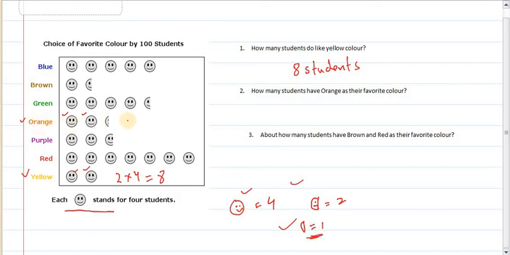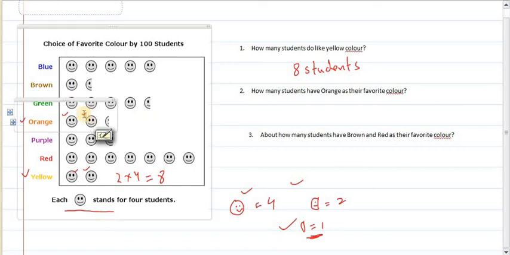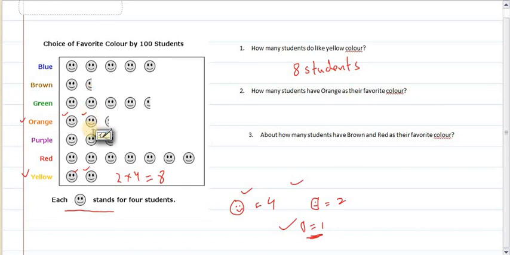So 1 smiley is equal to 4, so here we have 4 and 4, 8, and 1, 9. So 9 students choose orange as their favorite color.